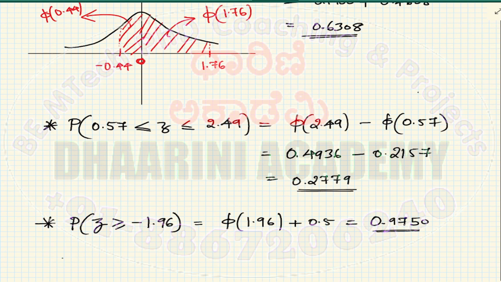Now the probability that z is less than or equal to minus 2.43.